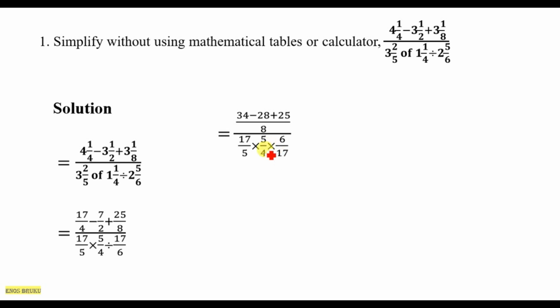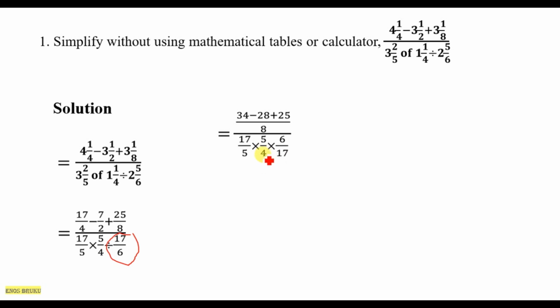Okay, so now that we've changed this to multiplication, the question is, you see here we have 17 over 6, but here we have 6 over 17. What happened? The good news is whenever you have division, you are at liberty to change it to multiplication so that you can cancel.